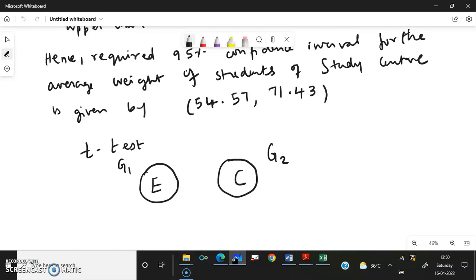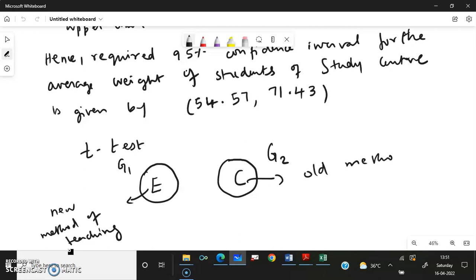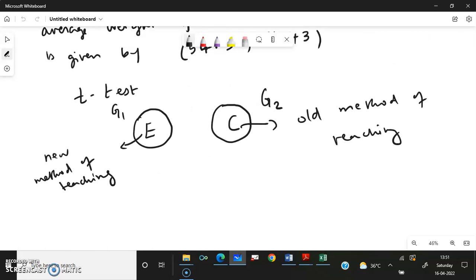Suppose experimental group students are learning through a new method of teaching, and this group is learning through the old method. You want to find whether the new method is better than the old method. That is what I exactly want to find.